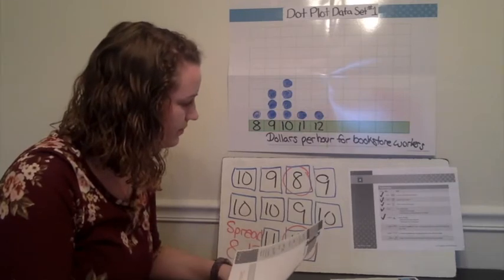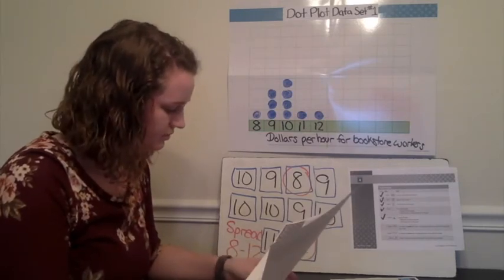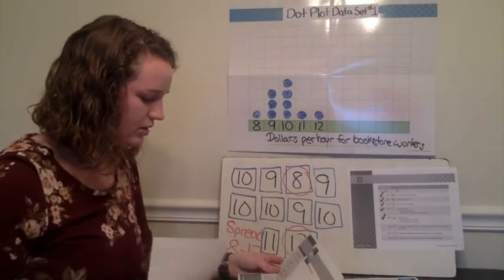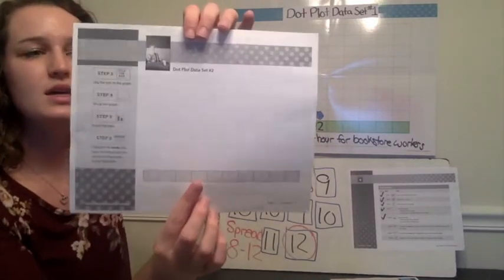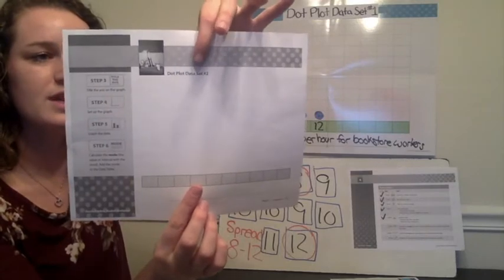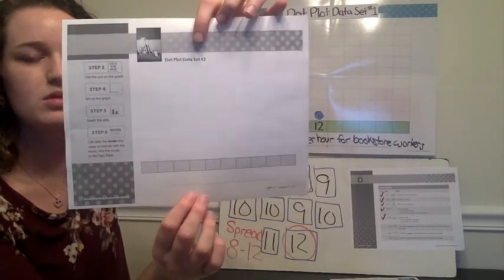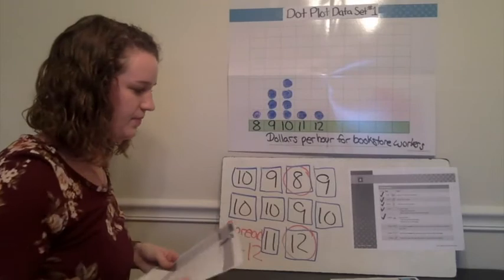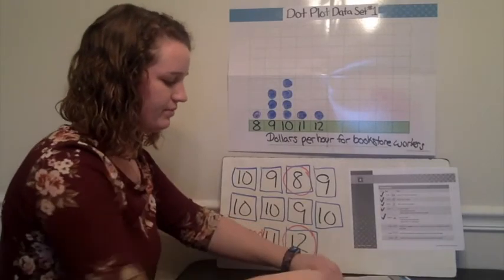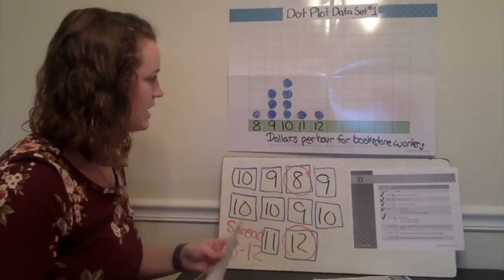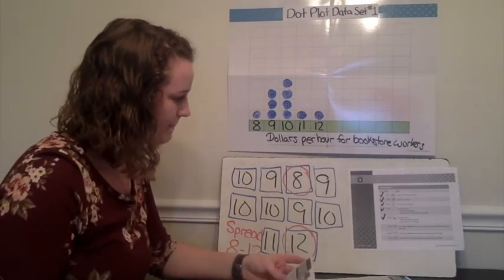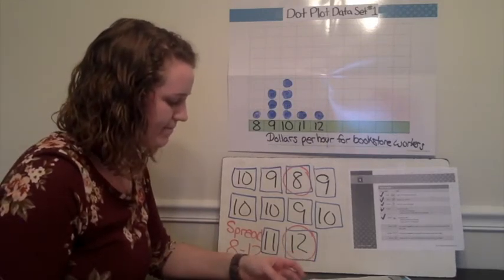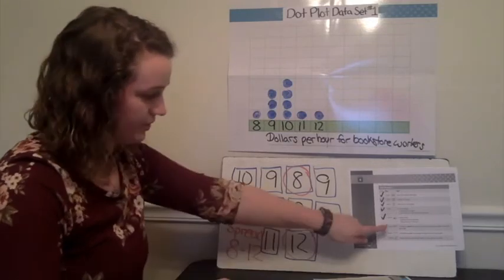Okay. Now we're going to go to page 17 is for the dot plot for data set number 2. Let's go ahead and take that one out. For data set number 2. Okay, so we found the mode.